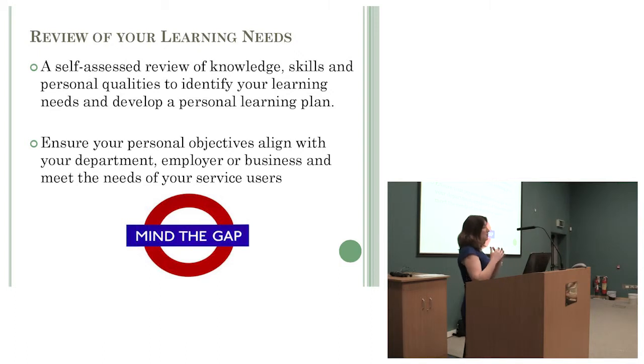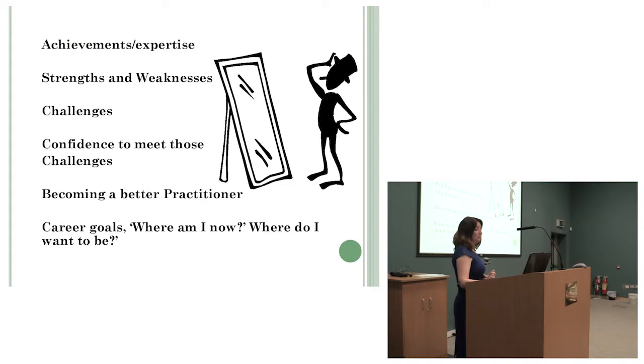And for those of you who may be self-employed, obviously then it would be in line with the needs of your service users. And it is about, after you've done the review stage, highlighting where the gaps are and actually then implementing a plan of action.